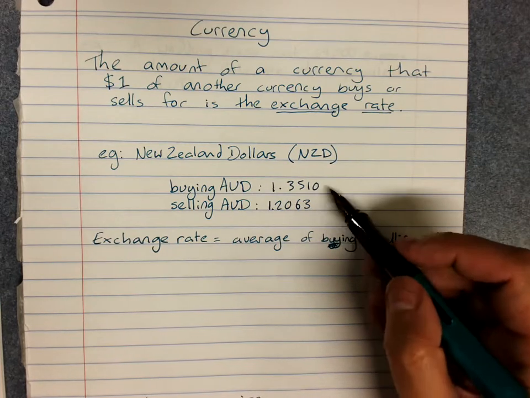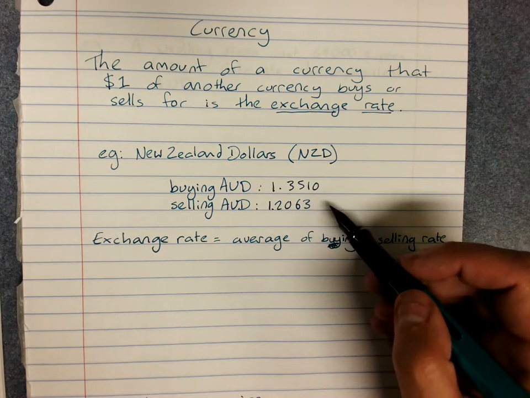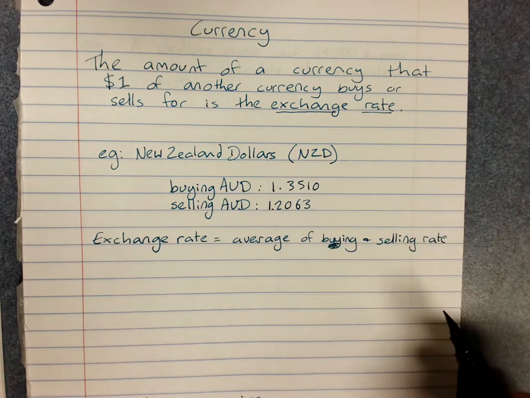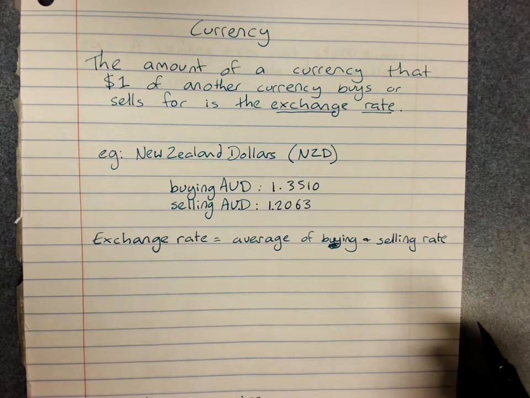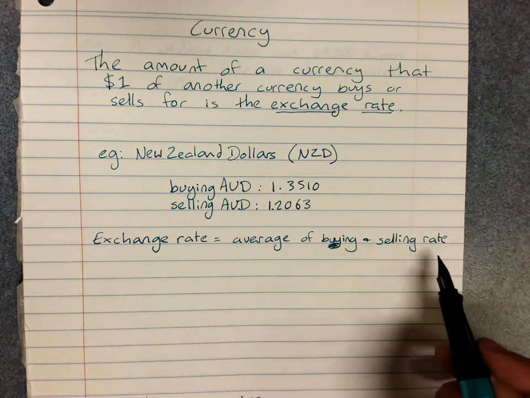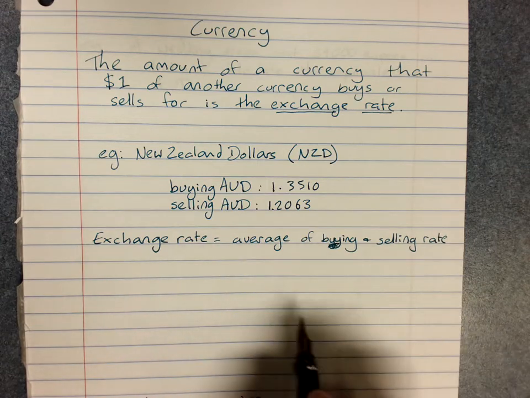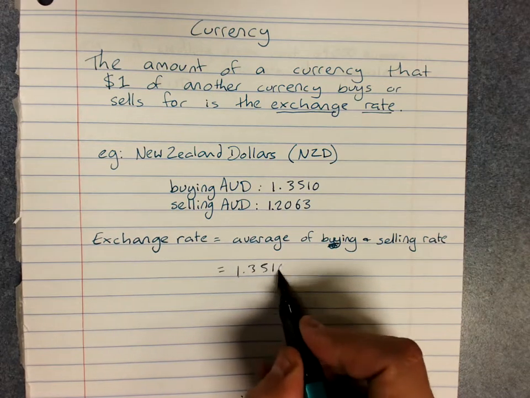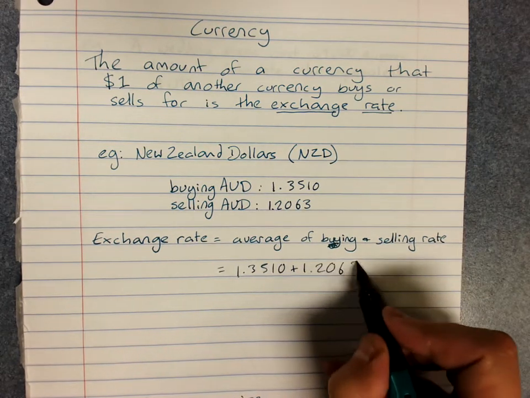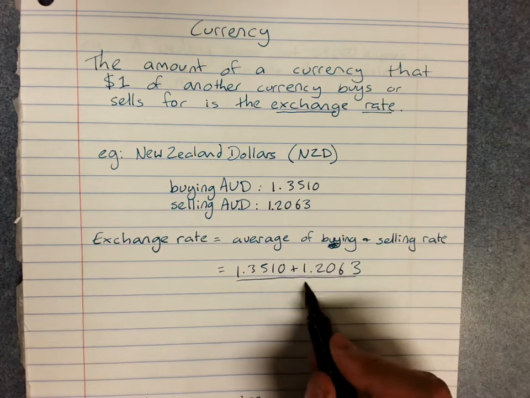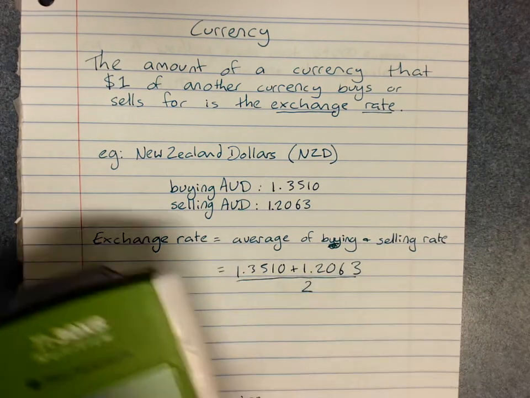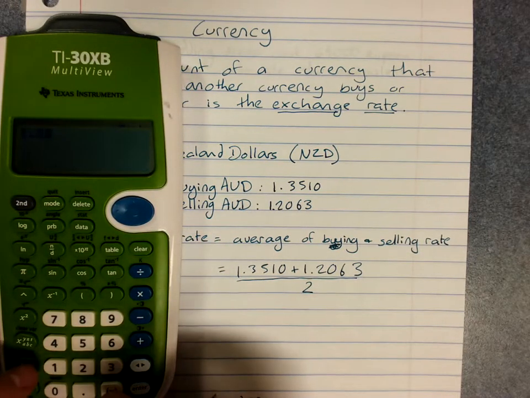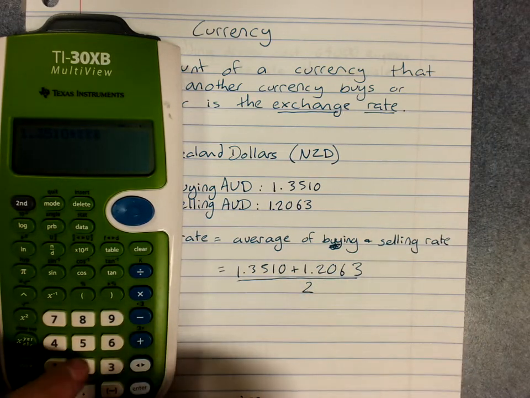Now, the difference there is partly so that the banks make a commission. Often we'll get the actual or the average exchange rate, or what the book might call the mid rate, by averaging the buying and selling rate. So if we are averaging the buying and selling rate for New Zealand dollars, add them together and divide by 2. So 1.3510 plus 1.2063.